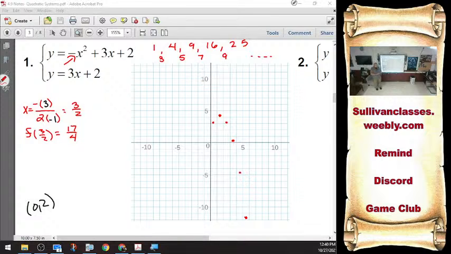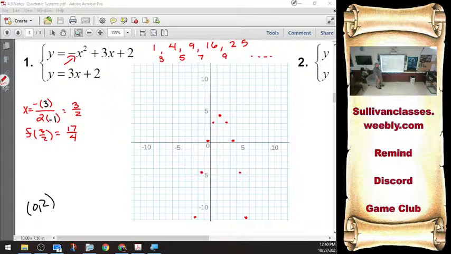It's handy for graphing because from here I can go over 1 and down 1, over 1 down 3, over 1 down 5, over 1 down 7. The other thing I could do with it is try to find my X-intercepts.